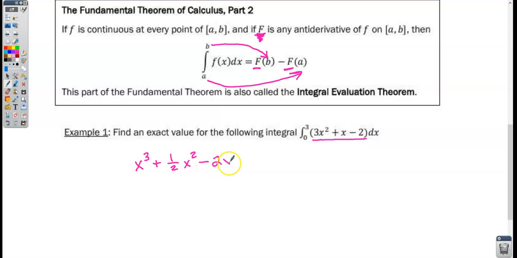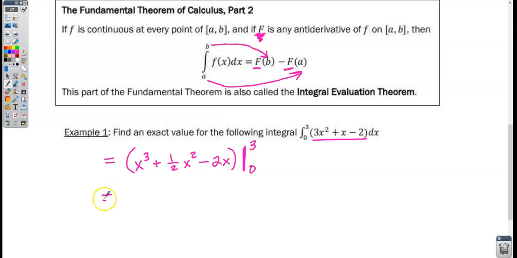So now I want to take this whole quantity, this antiderivative, and evaluate it. I'm going to put a vertical evaluation bar here at the end and leave my upper limit of integration and my lower limit of integration there. What this says notationally is that I'm going to take this antiderivative that I found and evaluate it at 3, and evaluate it at 0, and take the difference of those two things.